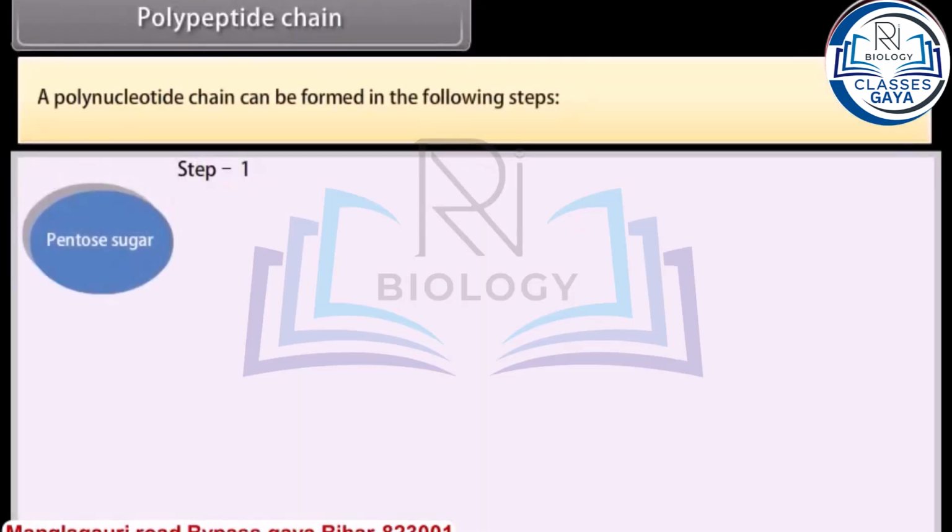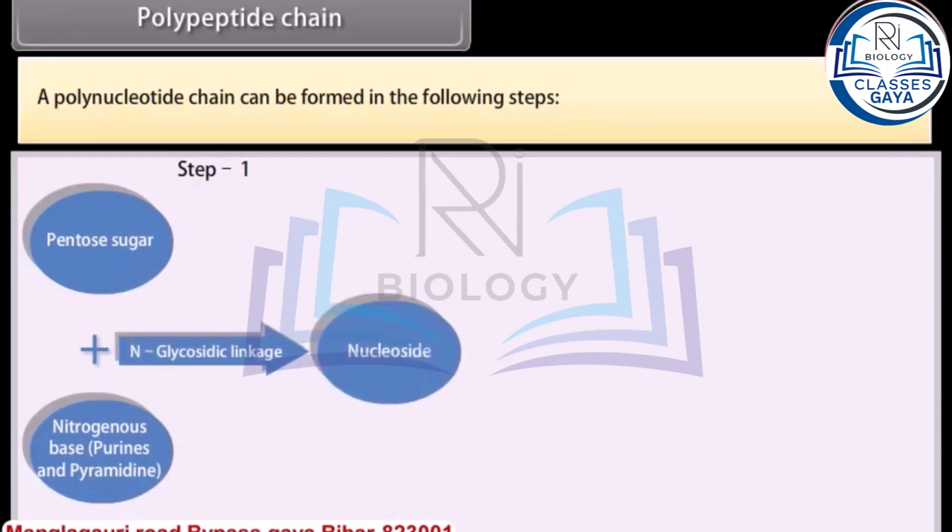Polynucleotide chain. A polynucleotide chain can be formed in the following steps.